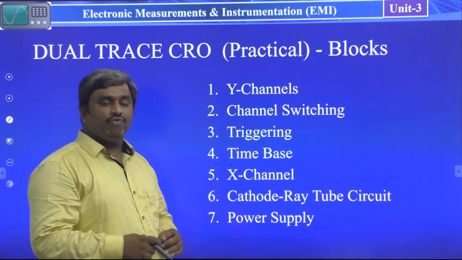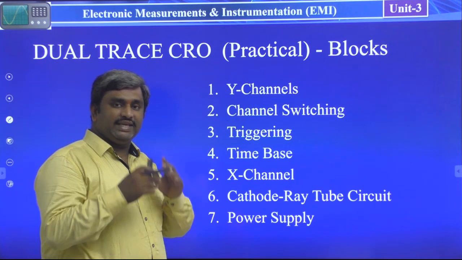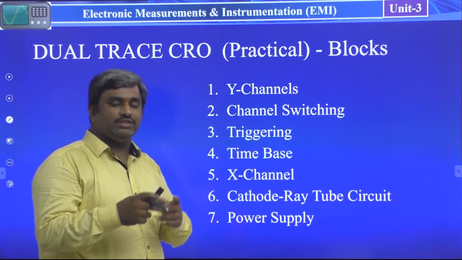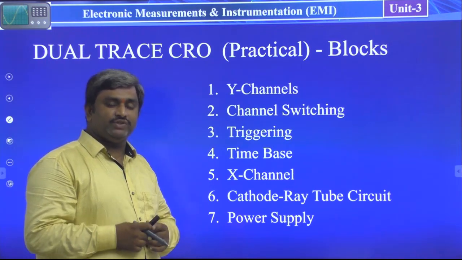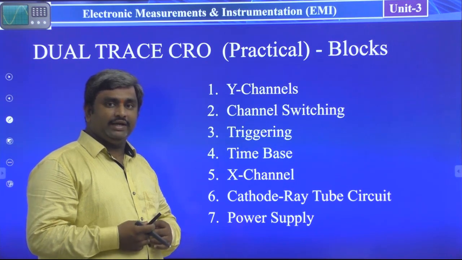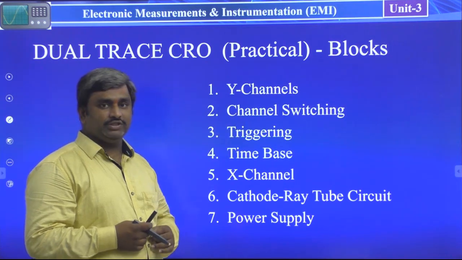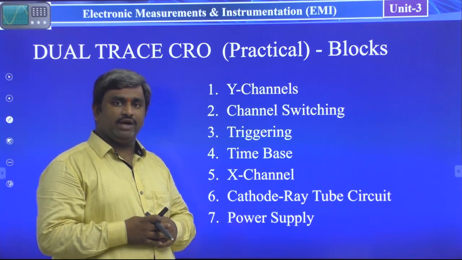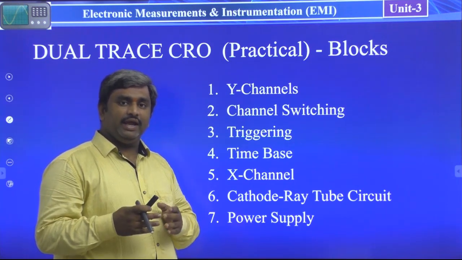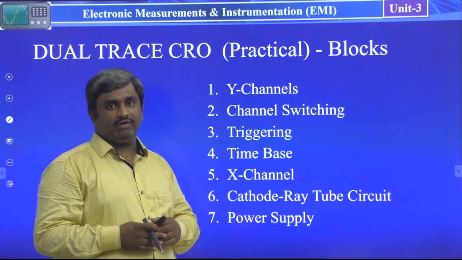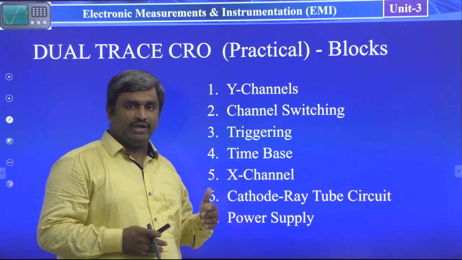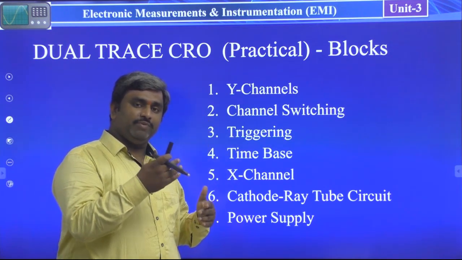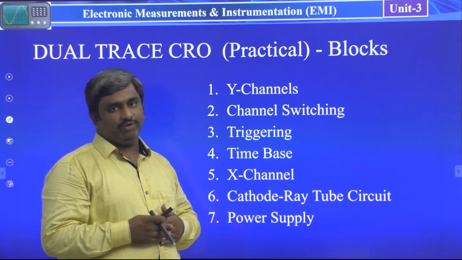Channel switching. For seeing the input signals' behavior on the display of the CRT, we need channel switching operations. Why? Because in the dual trace CRO, we cannot see two signals' behavior at a time. First we can see channel A information, then after some time channel B information.